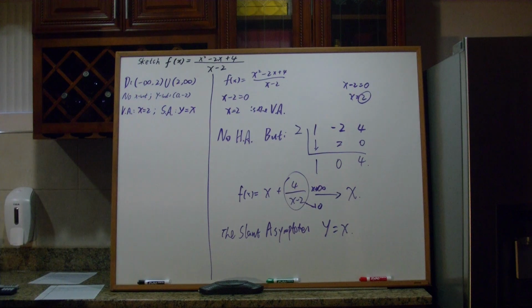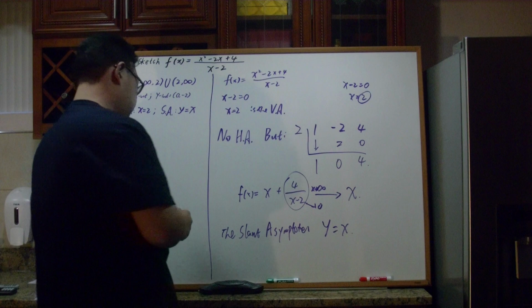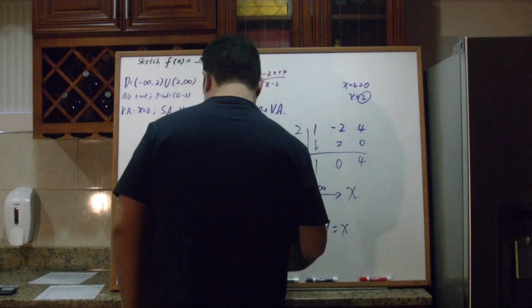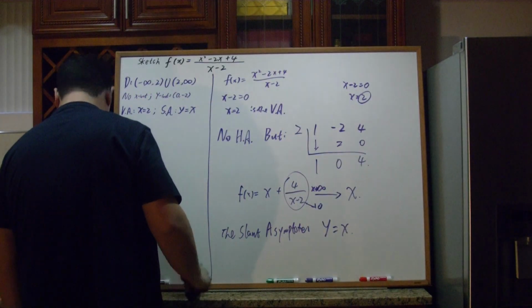It's not like a horizontal one, but it's a slant asymptote. That's our asymptotes.